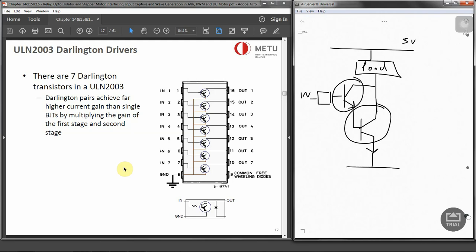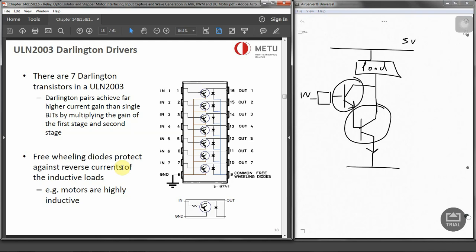So that's why we prefer to use Darlington drivers if you want to connect something with the microcontroller and high current devices. And we also have freewheeling diodes, which protect against the reverse currents of the inductive loads. These are the circuitries which we will need to connect relays, stepper motors or high current drives.